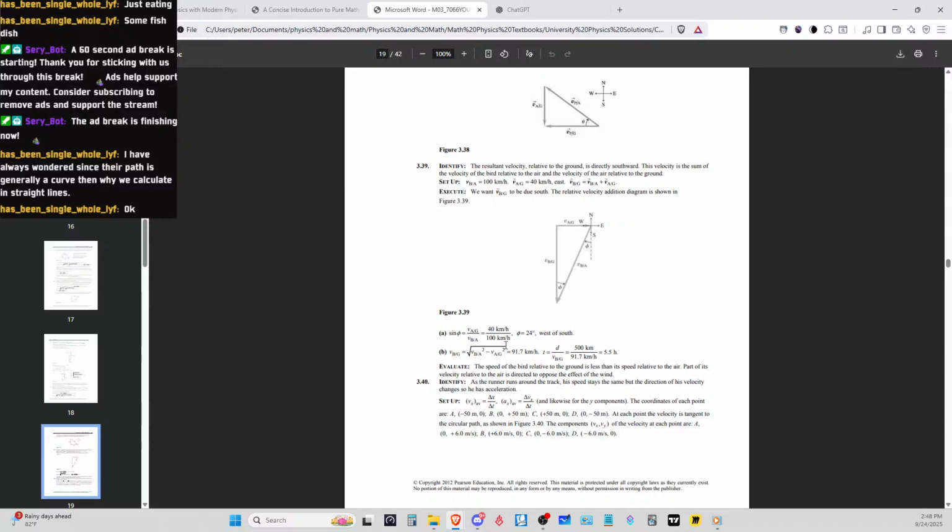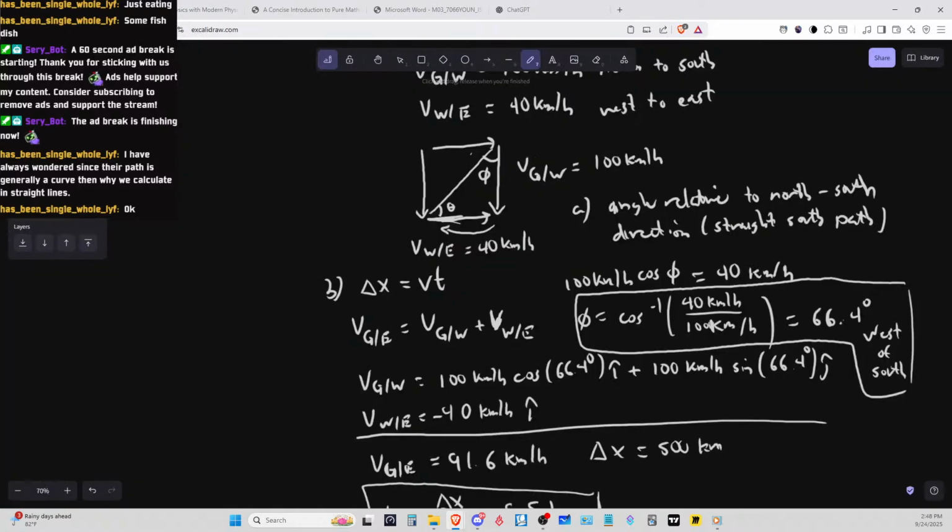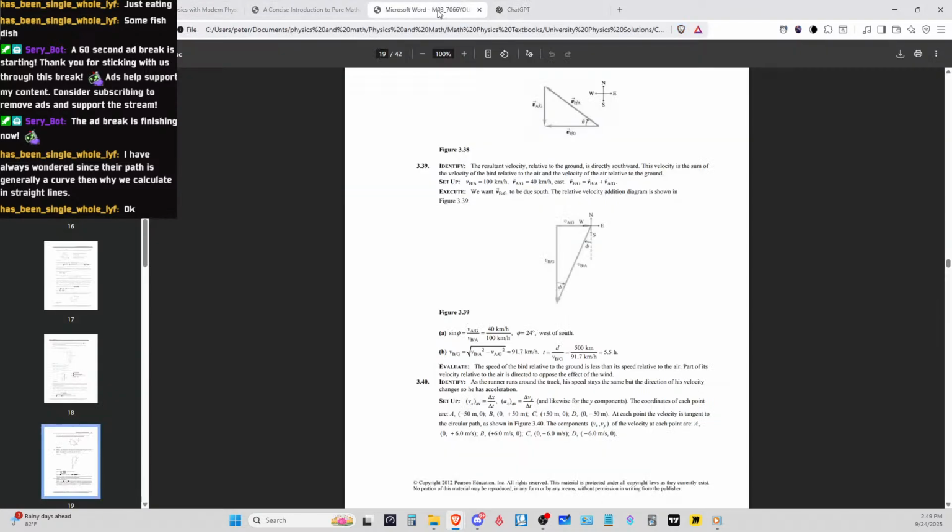Well, we got the time right, so I'm guessing, oh, they used the other angle. Yeah, I think it's because I don't draw the diagrams correctly. The way they draw the diagrams, I guess it's from head to tail, and I don't do that.